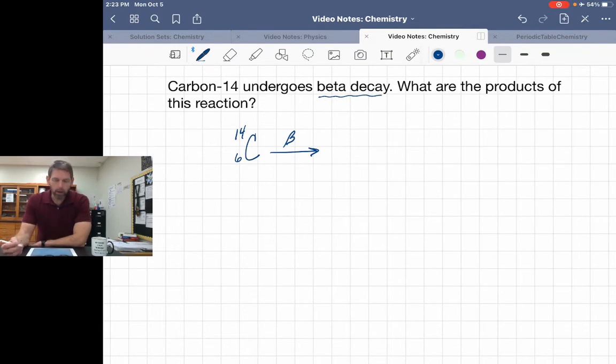So beta decay, what you need to know is in beta decay, neutrons that are in the original atom break apart into a proton, and then when that happens, an electron is emitted out. So let me do this. Let's just say that, so we've got 1, 2, 3, 4, 5, 6.